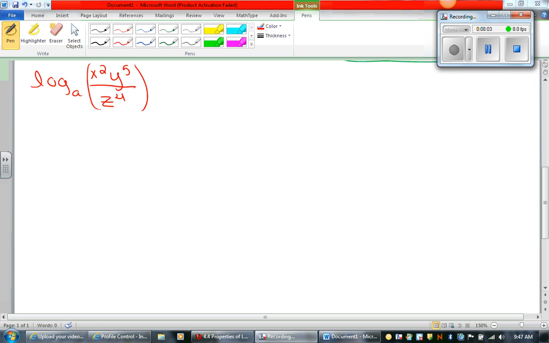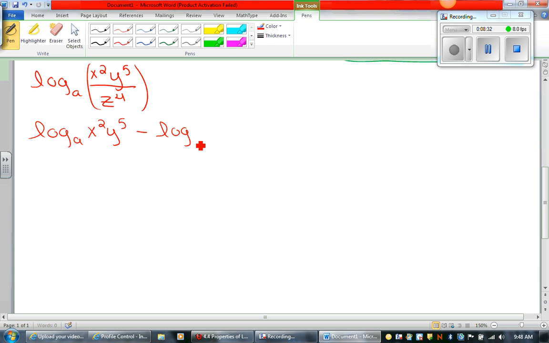I tend to get rid of the fraction first because that tends to make most people nervous. So we're going to get rid of that division by turning it into subtraction in our first step. Remember, if we're expanding, division is going to turn into subtraction. So we've got log base a of our numerator, x squared y to the 5th, minus log base a of z to the 4th.